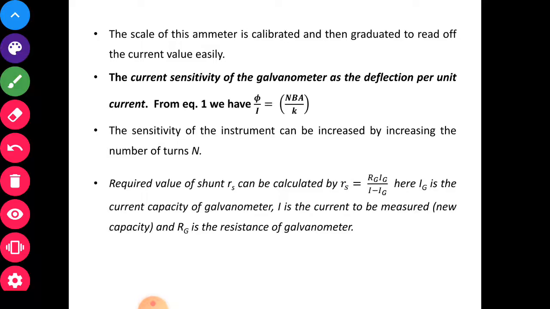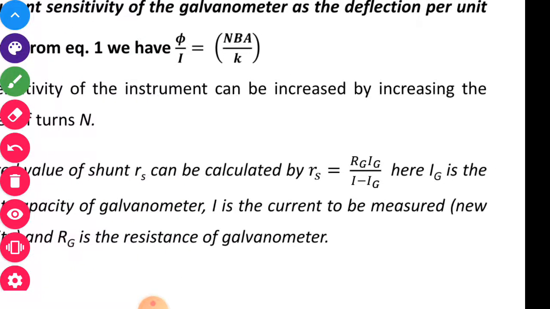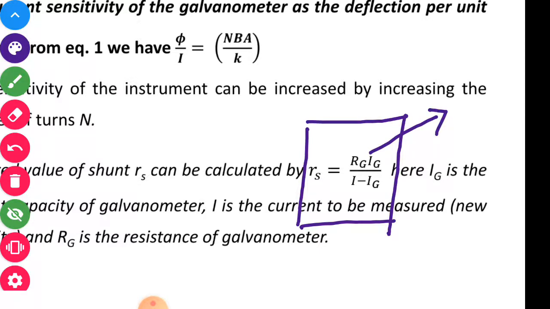Now this is a very important thing that is not mentioned in our textbook. What is the value of shunt that must be connected in parallel with the galvanometer? This is the formula for this. Rg is the resistance of galvanometer, Ig is the current capacity of the galvanometer without joining the shunt. Try to understand. Original galvanometer has this current capacity.